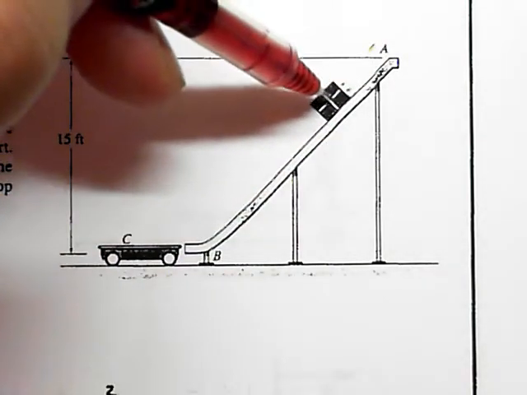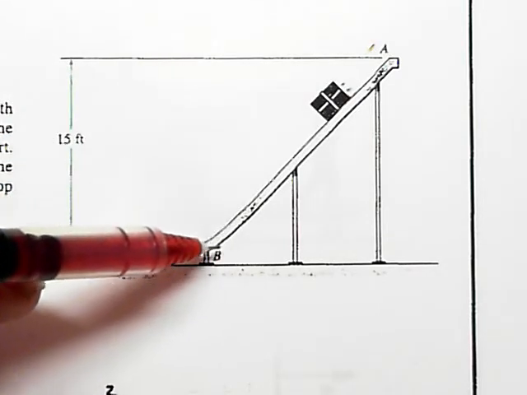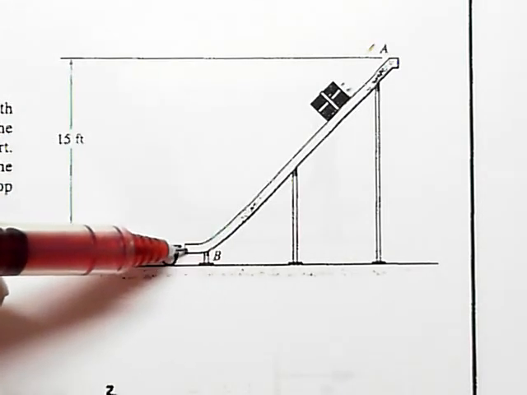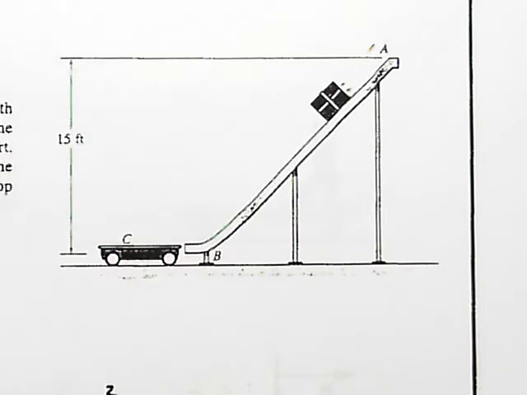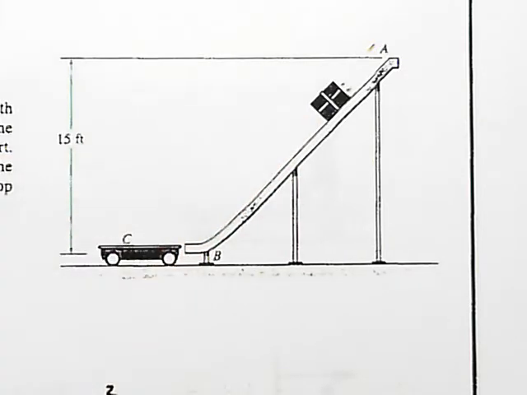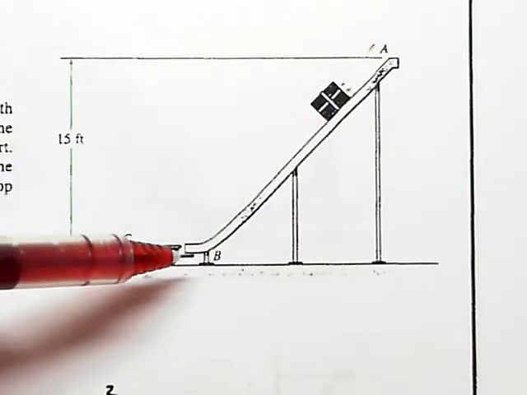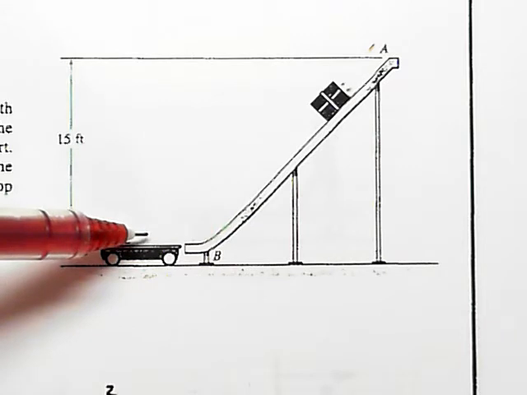The block will slide down the slant from a given height, turn the corner, and right before it jumps onto this cart, it will have achieved a certain speed because height turns into speed. Then we want to know what happens after it leaves the spot and then interacts with the cart.